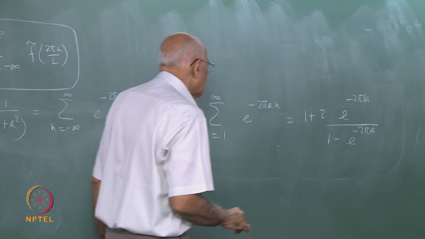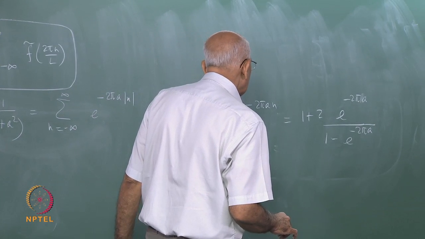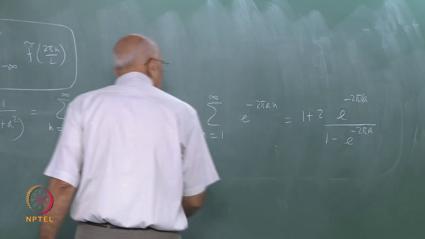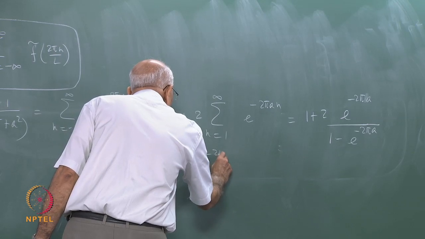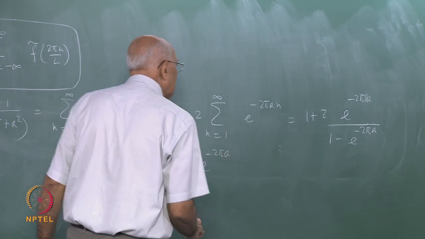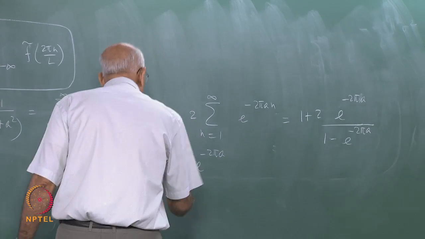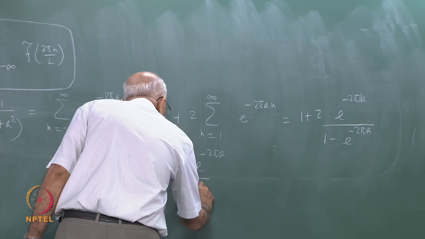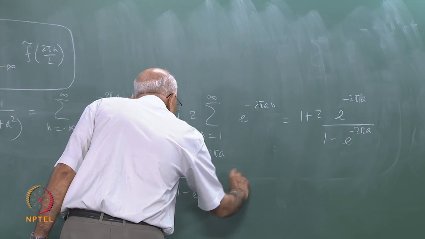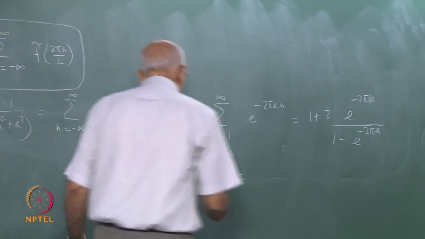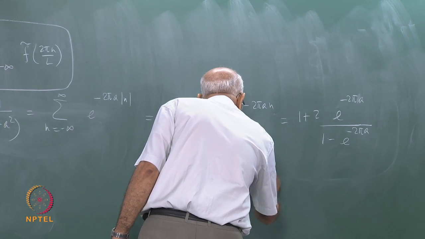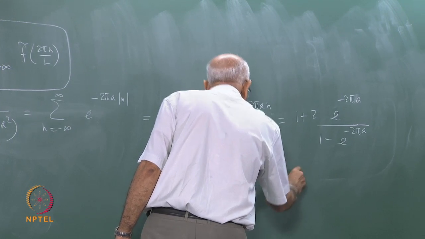So that gives you a 1 plus e to the minus 2 pi a over 1 minus e to the minus 2 pi a. Multiply numerator and denominator by e to the pi a, and this gives you coth pi a.